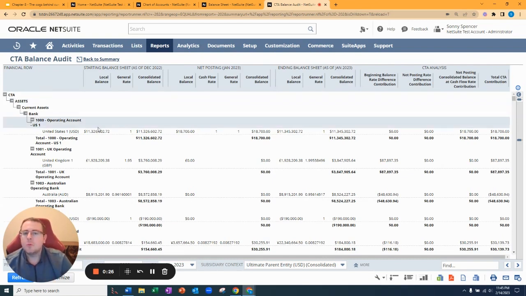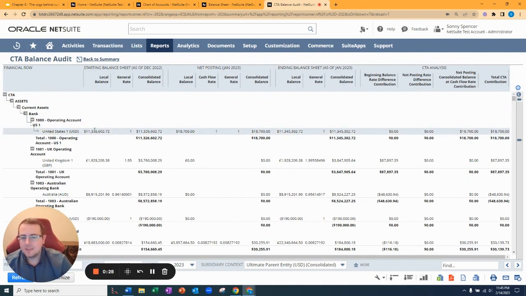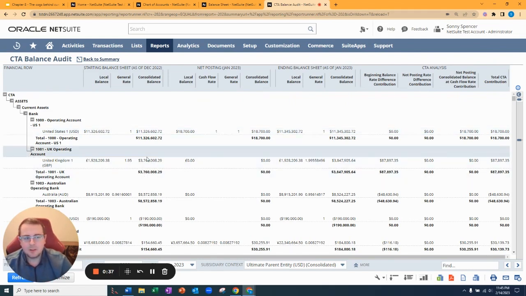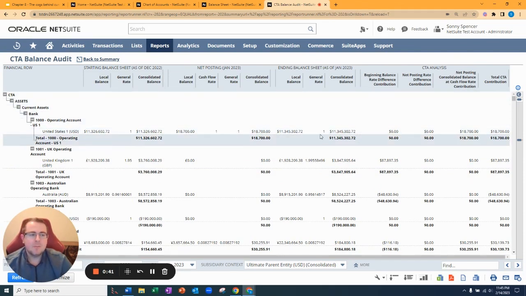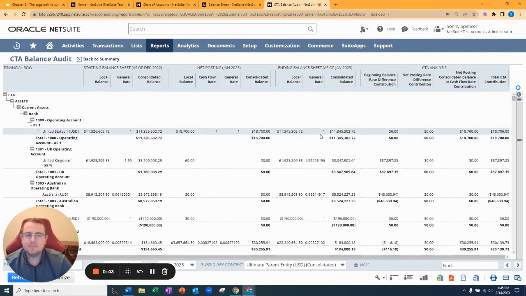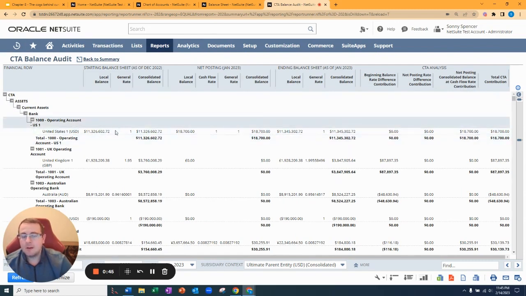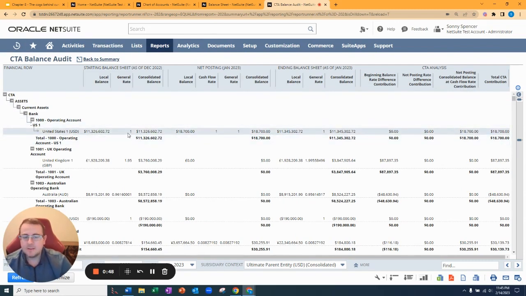We're going to take the local balance from our starting balance sheet, and we're going to multiply that by the movement in our consolidated exchange rates for the periods that we're looking at. In other words, we're going to take the general rate value from our ending balance sheet, deduct the general rate value from our beginning balance sheet, and multiply that by the local balance.